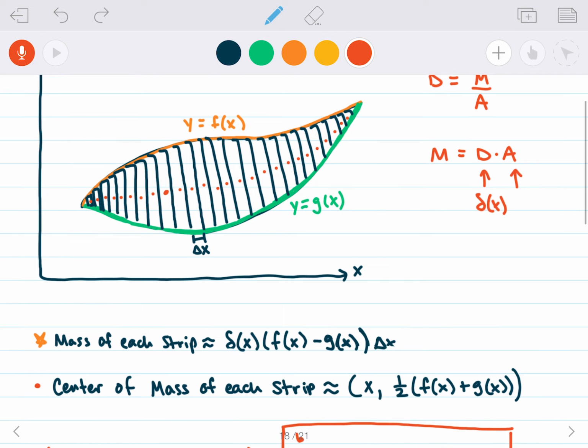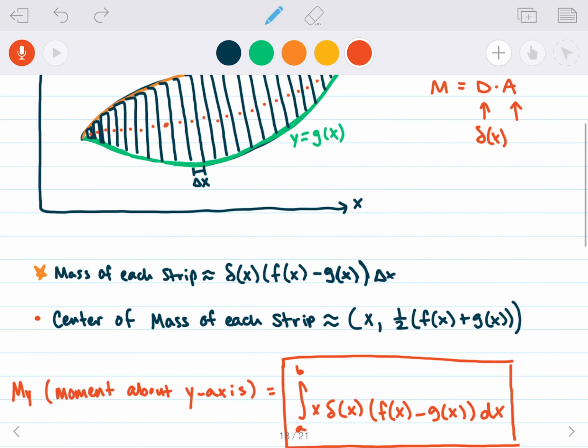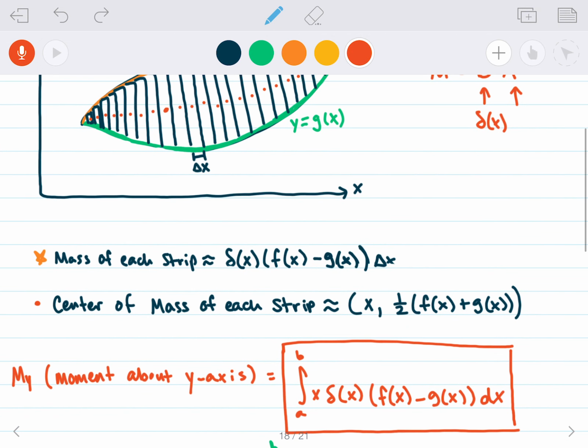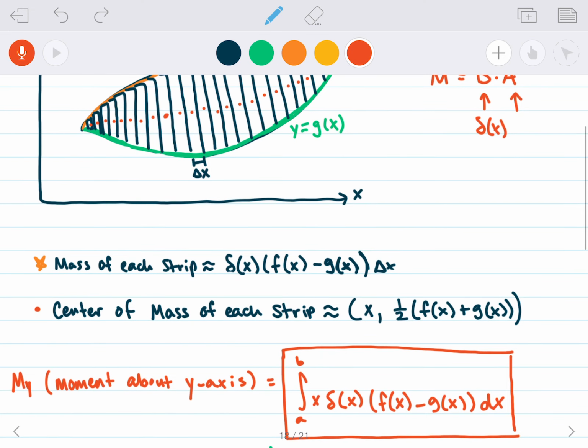All right, so because we have a two-dimensional object, we're going to have two components of the center of mass. We're going to have an x component and a y component. And before we talk about that, we need to talk about what m sub y is, the moment about the y-axis. So remember, moment is just displacement times mass, okay?